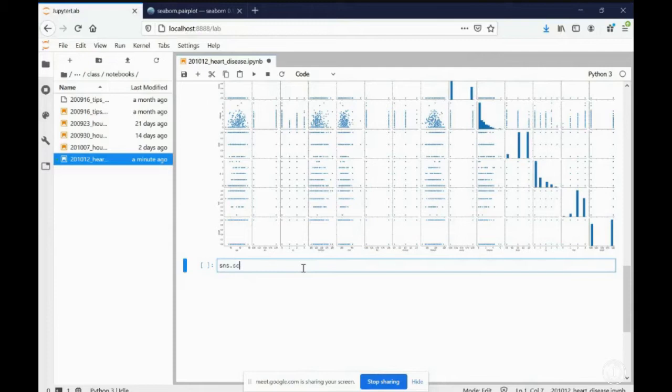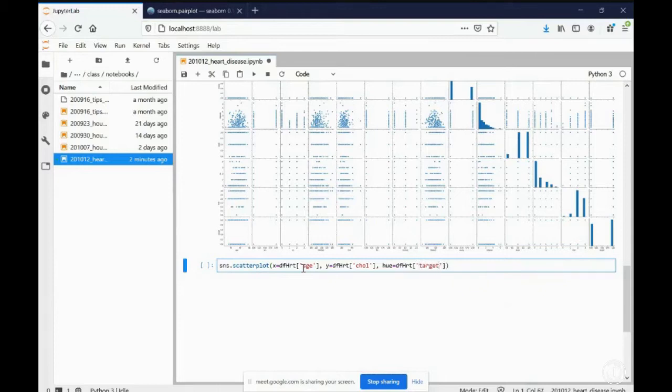I'll let you guys look at that. So that's SNS scatter plot. You can look it up. Seaborn is the library for all of this. The x-axis, I would like to show age, and then my y-axis, maybe I'll do cholesterol, and the color, I will label the ones that actually have the disease or not.